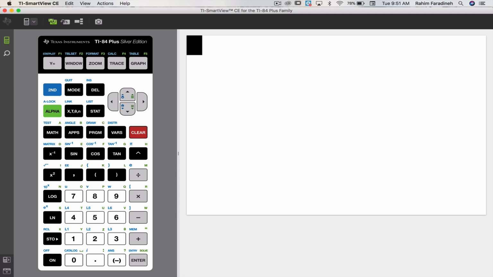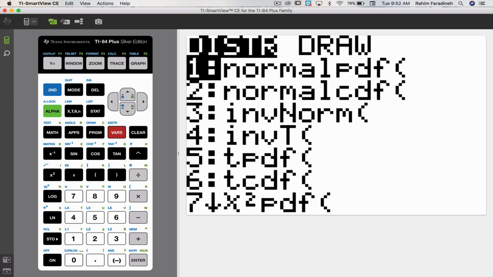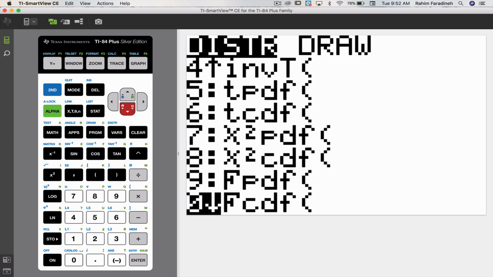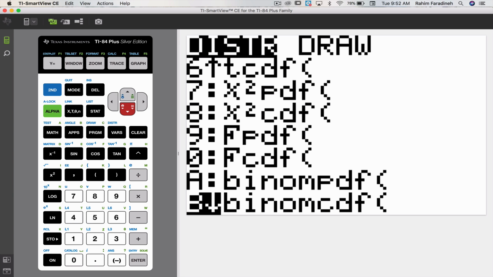Now let's find binomial CDF with n equal to 100, p equal to 0.6, and x equal to 65. So I'm going to go second vars, arrow down to binomial CDF, press enter.